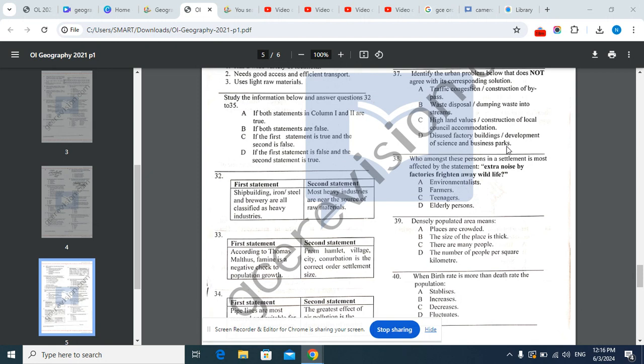The second statement, most heavy industries are near the source of raw material. The answer is A.